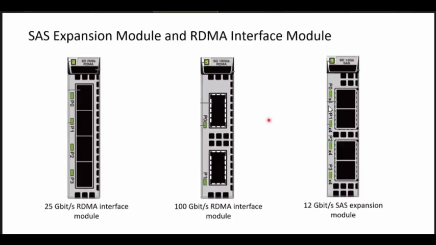Expansion modules: if you want to expand your storage controllers to your disk arrays, you have the SAS expansion module or the RDMA interface module. For the SAS expansion module, you have the 12 gigabit SAS expansion module. This is the basic one, which you will see everywhere. For RDMA interface modules, you have the 100 gigabit RDMA module or the 25 gigabit RDMA module.